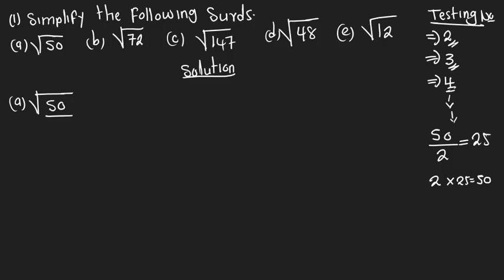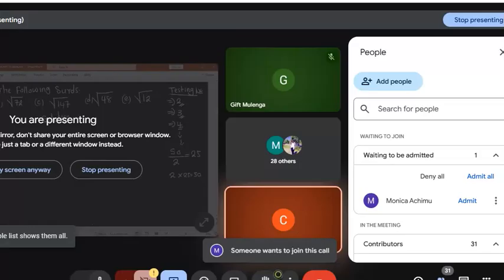The answer, when you insert 2 into 50, is 25. So it implies that this can also be written as 2 multiplied by 25. Guys, is this true or is it a lie? It's true. Thank you.